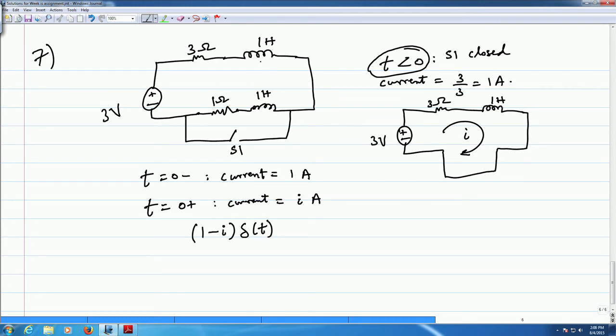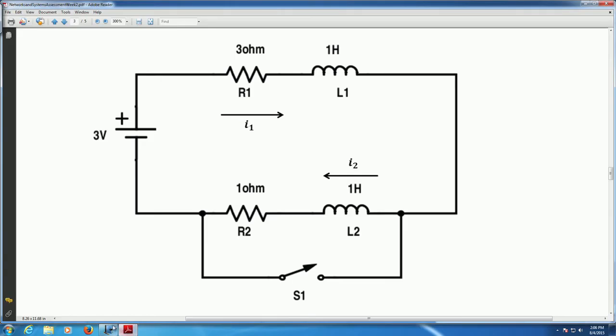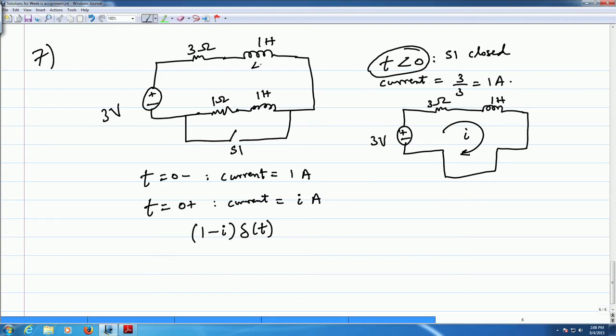So, maybe I should name these inductors. It is named as L1 and L2, this one is L1, this one is L2. So, L1 has this impulsive voltage across it. Okay, from 0 minus to 0 plus, it will have a 1 minus I. Why is this 1 minus I? 1 is the current flowing before 0.